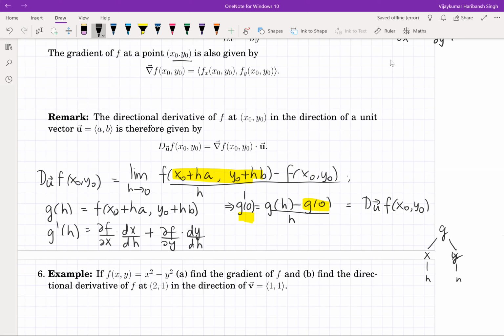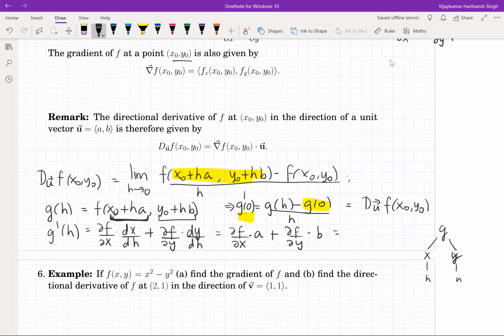So what is dx by dh? x is this guy. What is the derivative of this with respect to h? It is simply going to be a. What is the derivative of y with respect to h? dy by dh is going to be b.